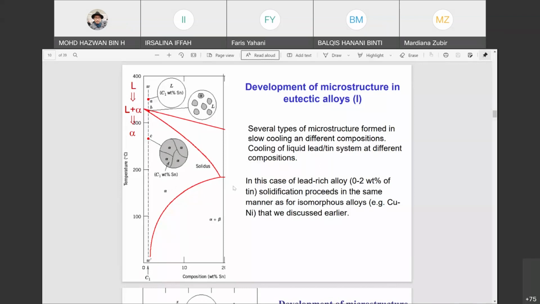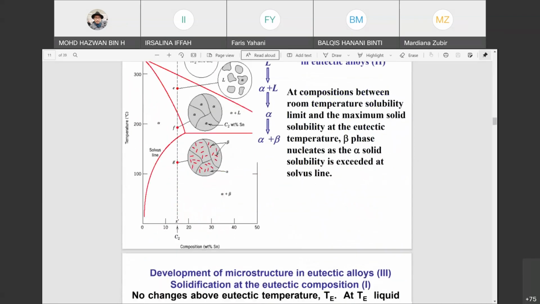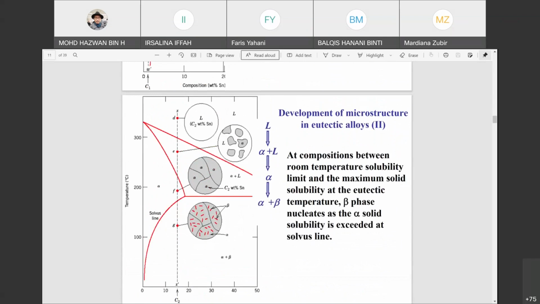So this microstructure in between 0 until 2% applies to compositions equal to or less than this range. Okay, so we move on to the next microstructure region.